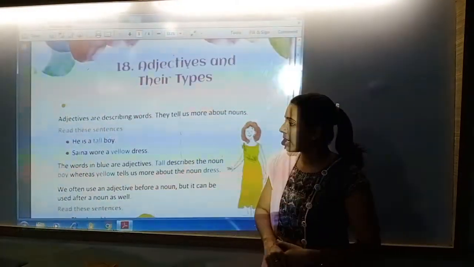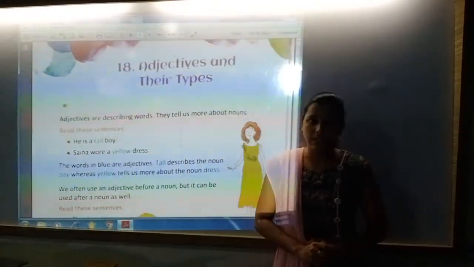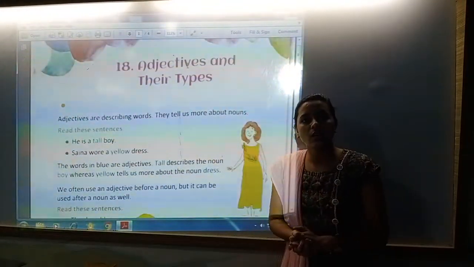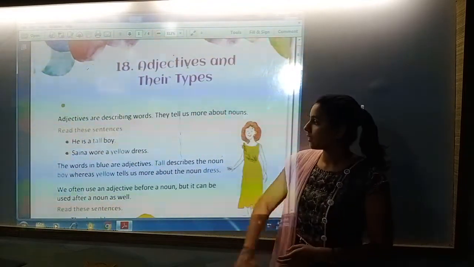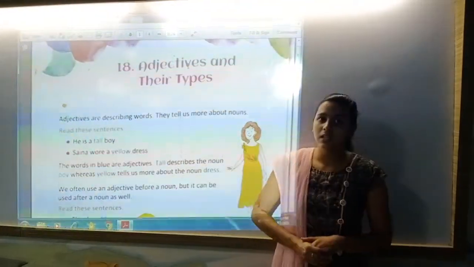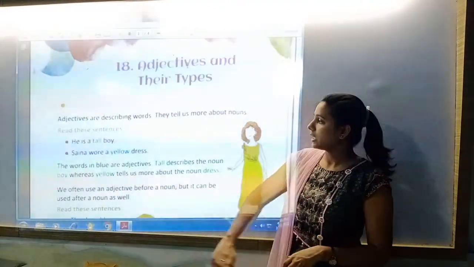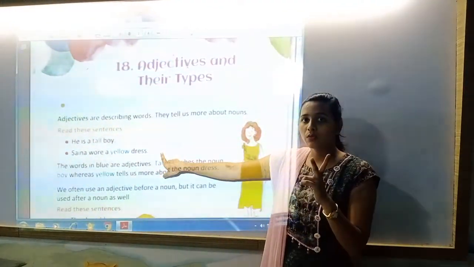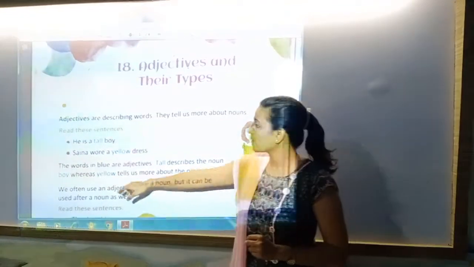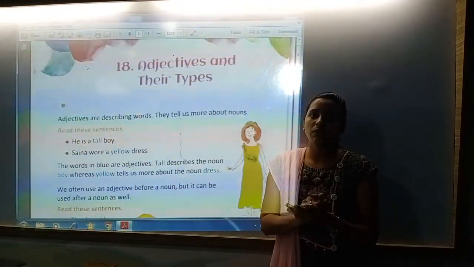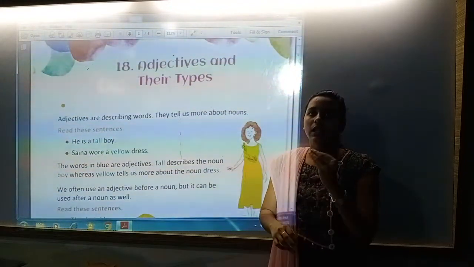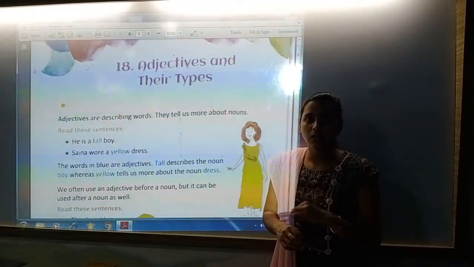Next is, Saina wore a yellow dress. Who wore a yellow dress? Saina. Then Saina is noun. And how was the dress? Yellow. So here we can see two nouns are given, Saina and dress. So you have to identify for which noun the adjective is used.